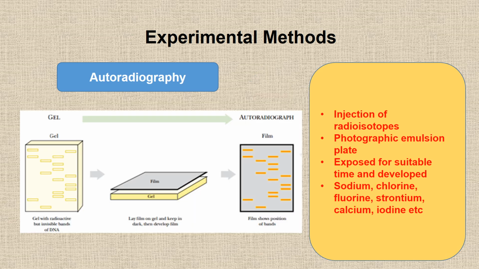A photographic emulsion plate is exposed for a suitable time and developed, and it produces a film which can be interpreted. The film is called an autoradiograph. The substances commonly used are sodium, chlorine, fluorine, strontium, calcium, and iodine.